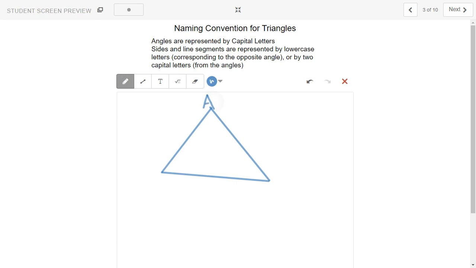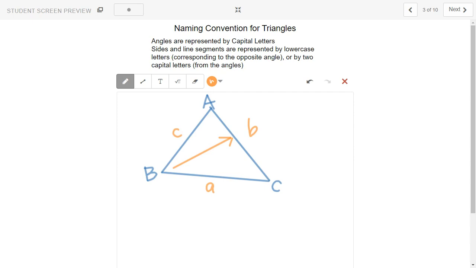So I have capital A, capital B, and capital C. The sides that are across from these, so for example, this side is across from angle B, we have side B, and it's represented by little b. Now we can do the same with A. This is little a, and the side across from C is little c.